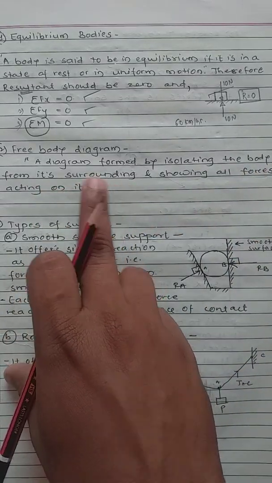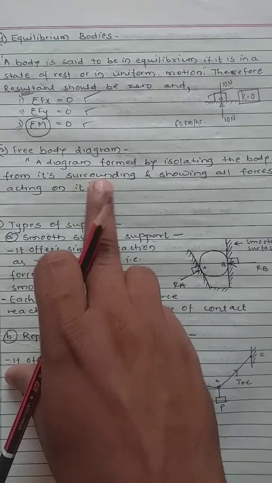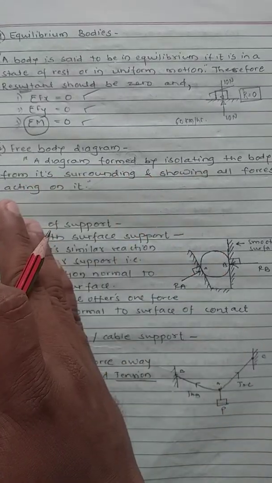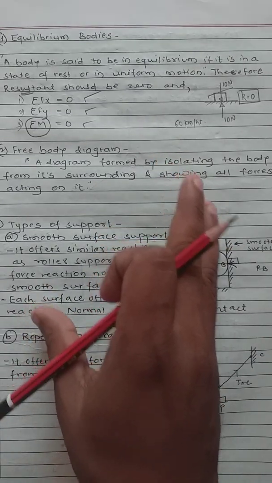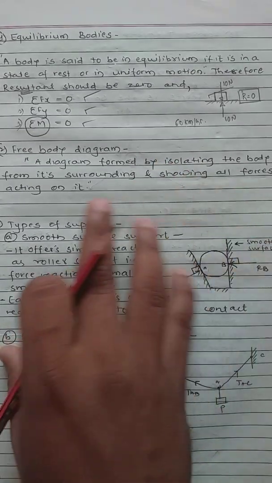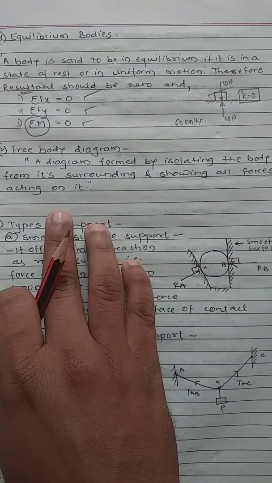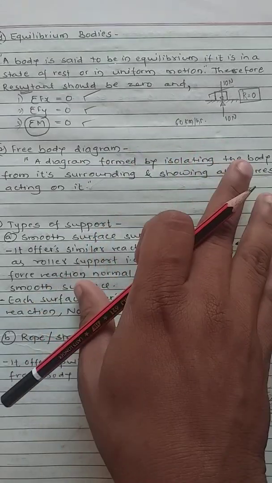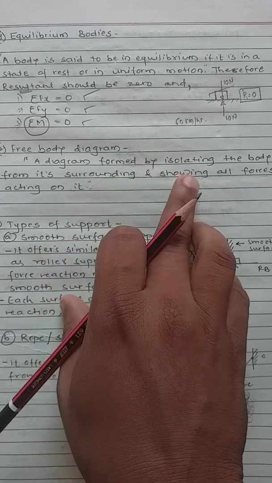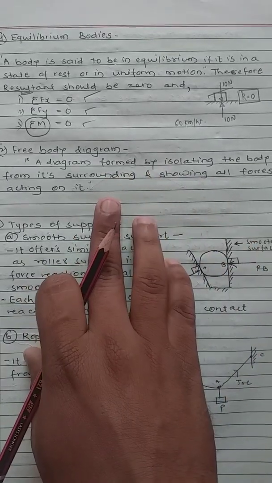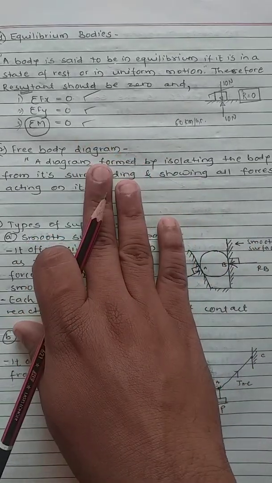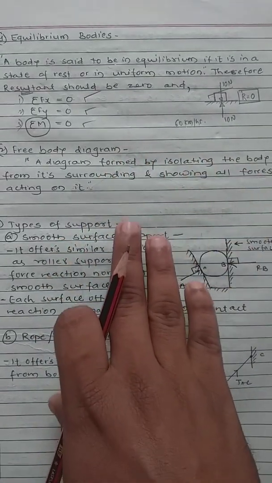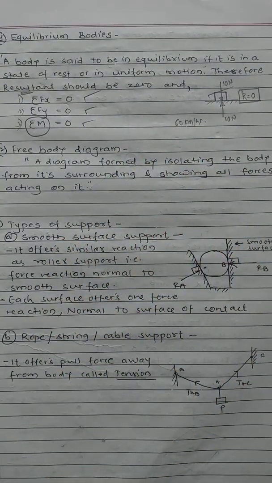From its surroundings means the number of forces or couple moments acting on the body, we will separate them out and form a simple free body diagram showing all the forces acting on it. A diagram which is formed by isolating the body from its surroundings and showing all the forces acting on it is called a free body diagram. How to draw the free body diagram, we'll see while solving problems on equilibrium condition.